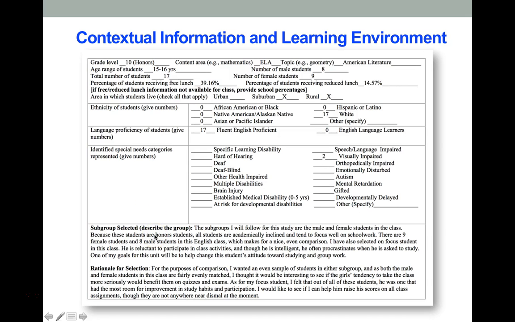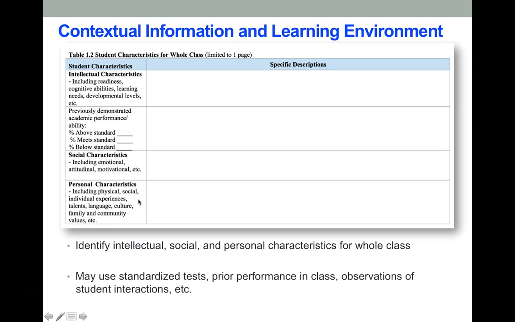In a minute, we're going to ask you to define a subgroup, and this is your rationale and why you selected 2 different subgroups, which we'll show you in just a minute. We're asking that you look at the intellectual characteristics, the special characteristics, and personal characteristics of your kids, and you'll be writing a very brief description of what those 3 areas are like for those students.